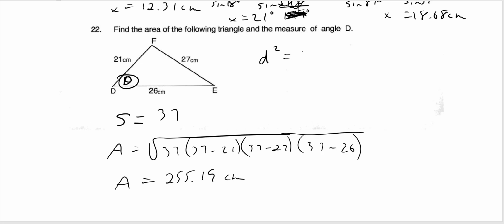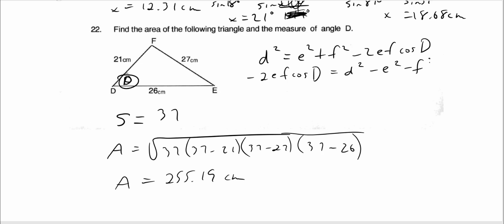So d squared, I'm going to write it out first because remember I told you back in the day, solve for the angle first and then plug it in. So d squared equals e squared plus f squared minus 2 times ef cosine of d. So I move things over: negative 2 ef cosine of d is equal to d squared minus e squared minus f squared, and then divide both sides by negative 2 ef.